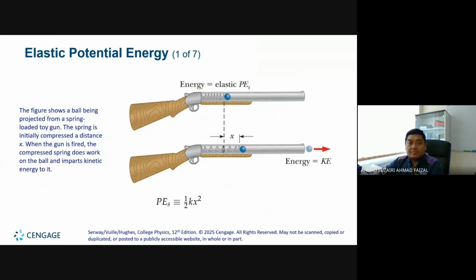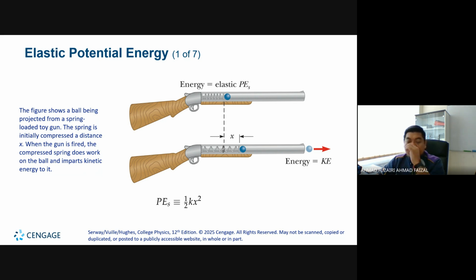Okay, so let's go to the part where we will discuss elastic potential energy. When you see this figure, it is about a ball projected from a spring, the spring inside the gun. The elastic potential energy stored in the spring is transformed into the kinetic energy of the ball.